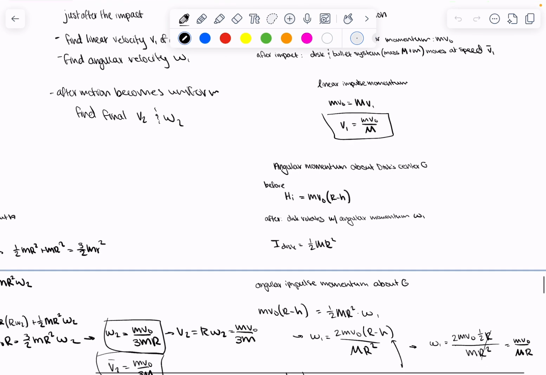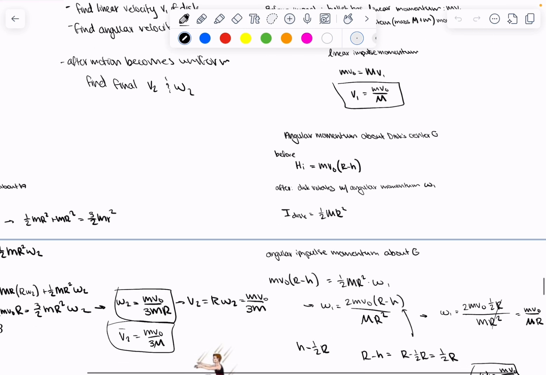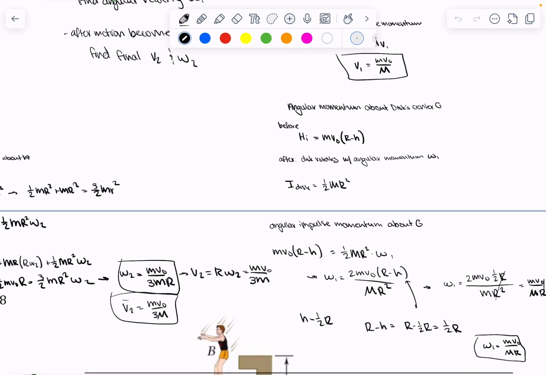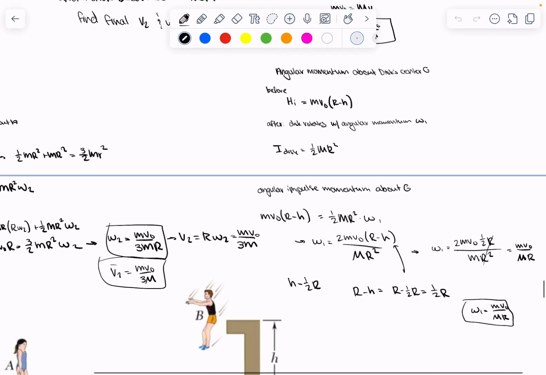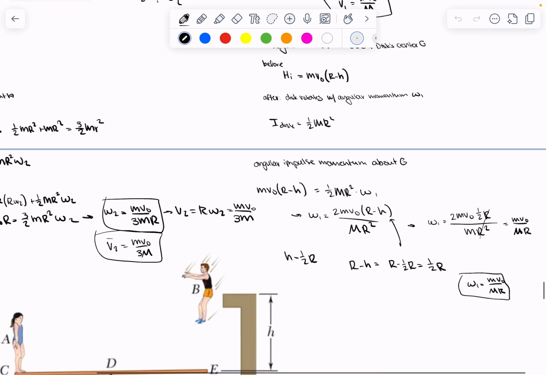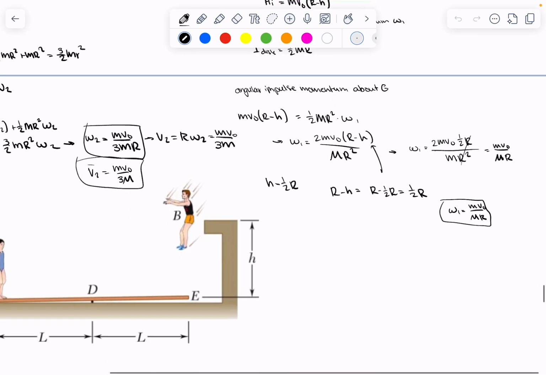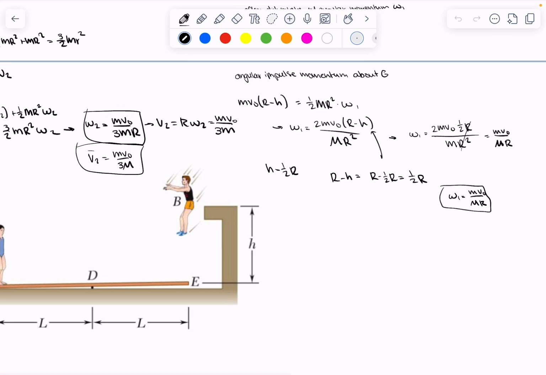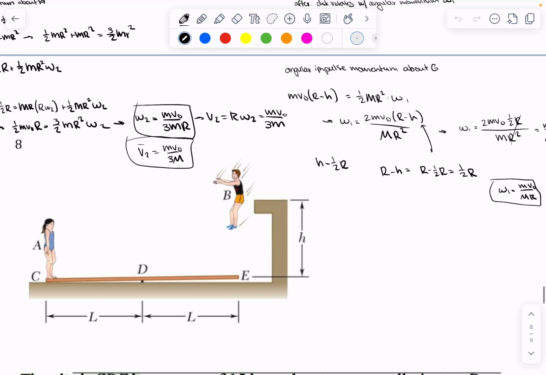Linear impulse momentum: mv naught is equal to mv1. Calculating for velocity final, and then angular momentum about the disk center. We get omega 1 to be mv naught over combined mass times radius.